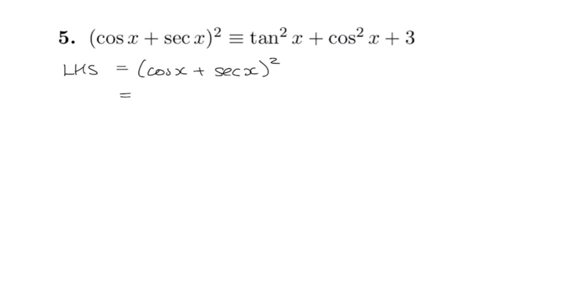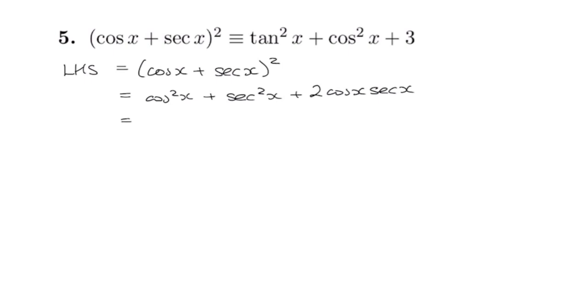Now again, you should be able to tell me what that is. So that's cos squared x plus sec squared x plus 2 cos x sec x. And again, if you look at what we're heading for, we've got cos squared and we need a tan squared.